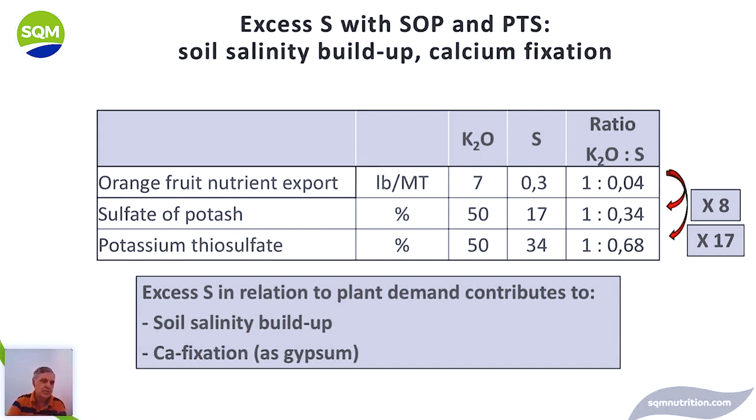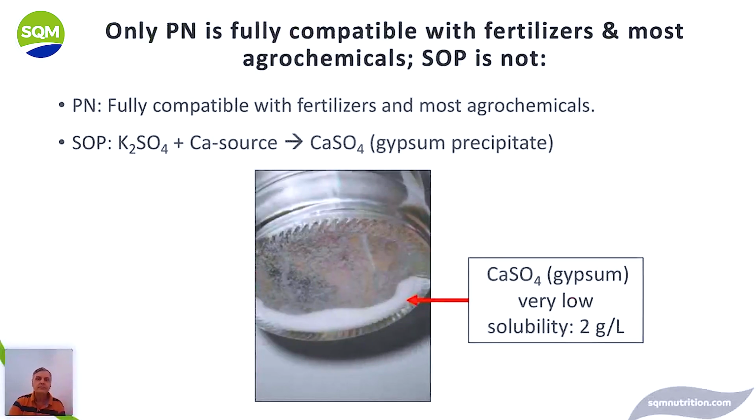So if we have this in higher concentrations in soil solution, we can lose some calcium and some sulfur as well, due to gypsum formation in soil. Those are the main effects that we need to avoid when we are thinking about being efficient in our fertilization scheme.